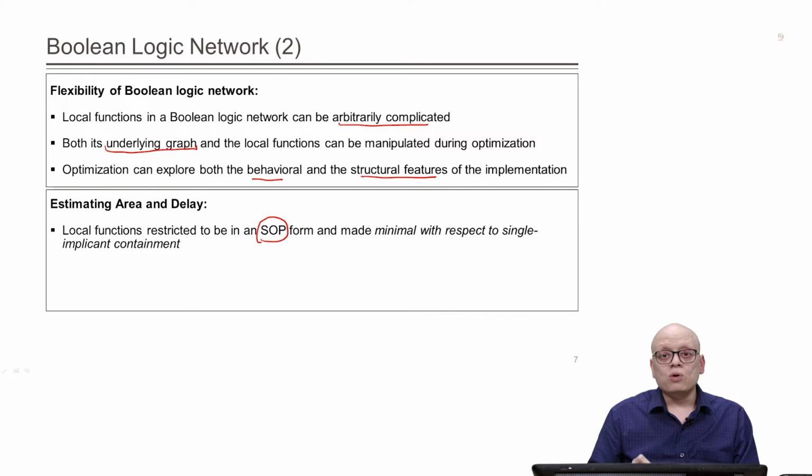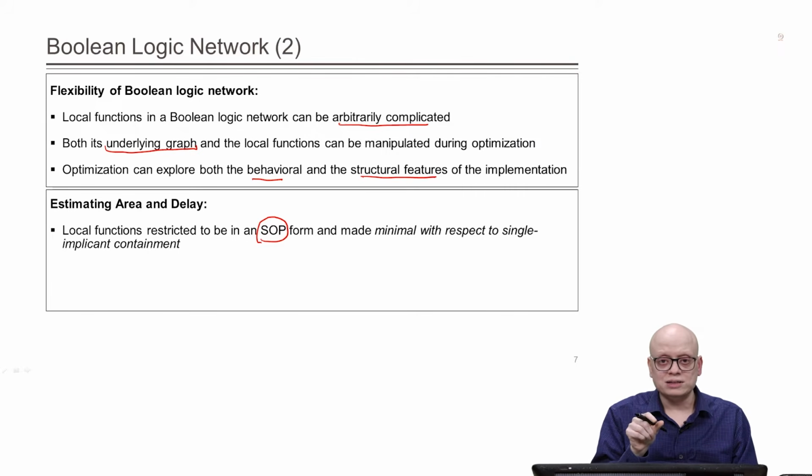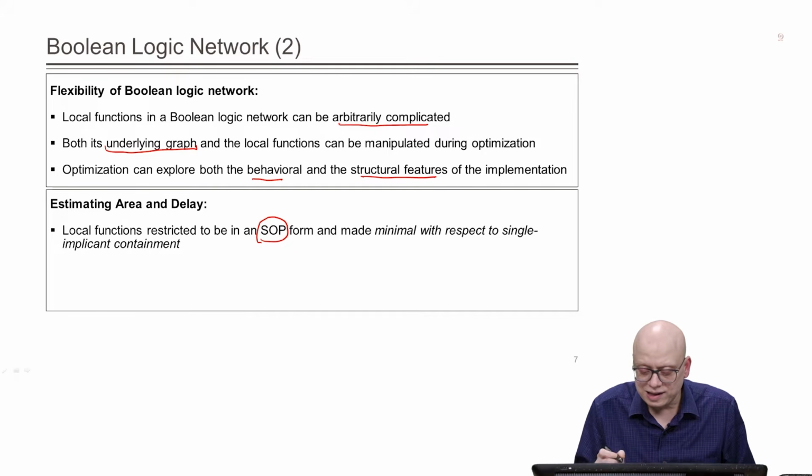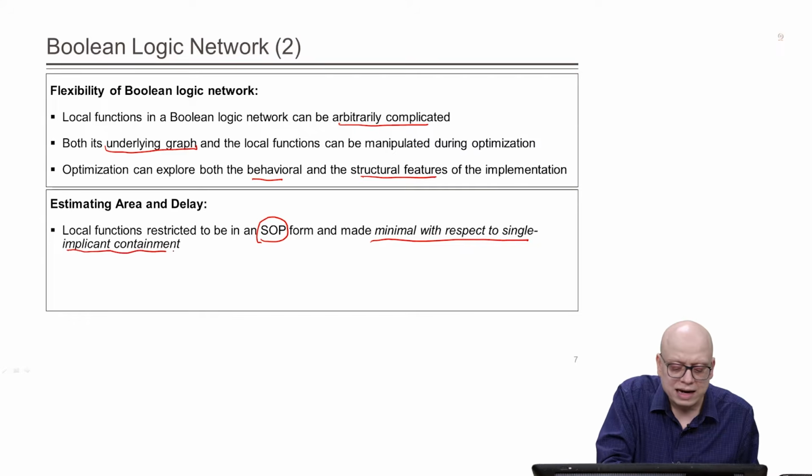We can have an arbitrarily complicated Boolean function as a local function, but its representation will always be in SOP form. Another constraint is that this SOP representation is minimal with respect to single implicant containment.